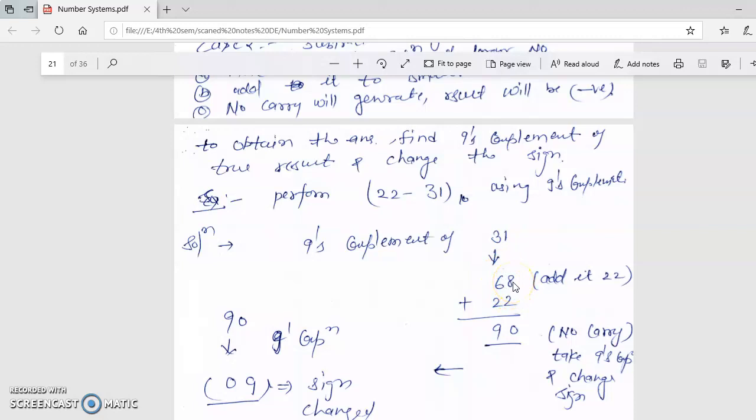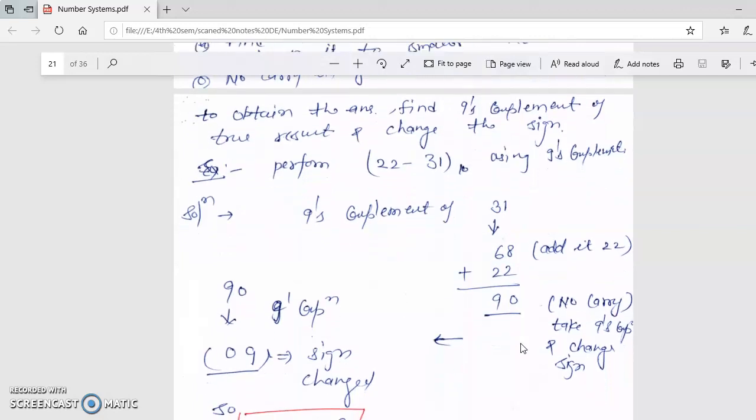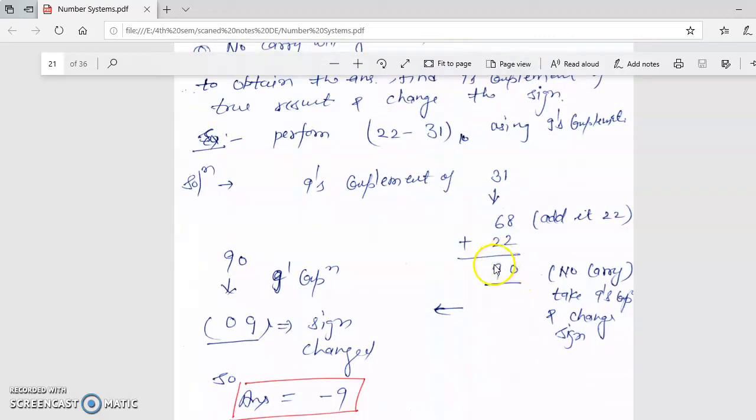Now next step we add to the smaller one. Smaller is 22. So add it to the 22. We get the 90. No carry is generated, but result is negative. So we take the ninth complement of the true result, that is 90, and put the negative sign. So we find out the ninth complement of 90.